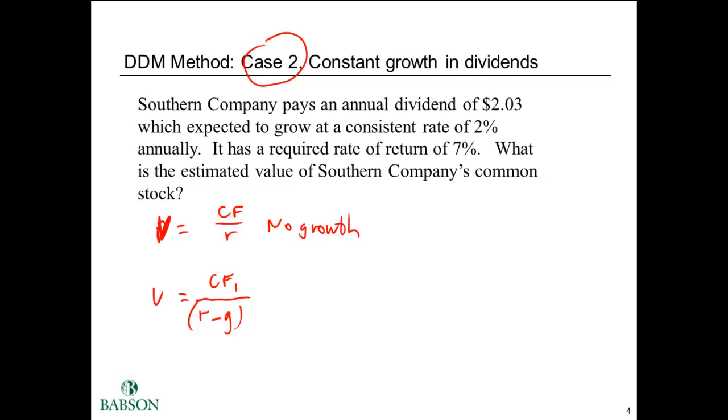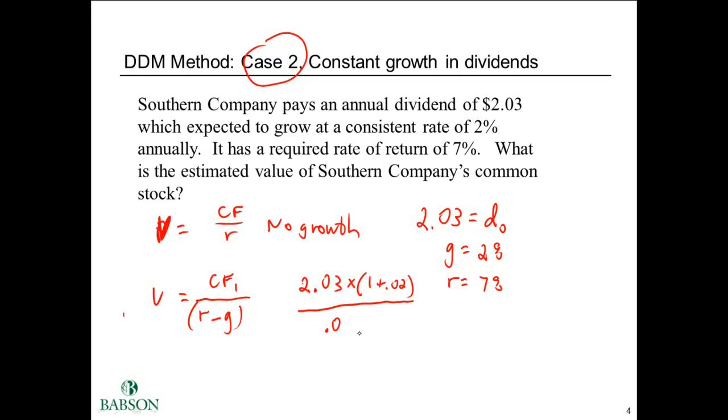So in this case, we have an annual dividend of $2.03, and that's, again, the dividend today in year 0. We have a growth rate of 2% per year, and we have a discount rate of 7%. So that's what we need to plug into our model. $2.03 is today's dividend, so next year's is going to be a little bit higher. It's going to grow at 2%. It's going to be about $2.07.